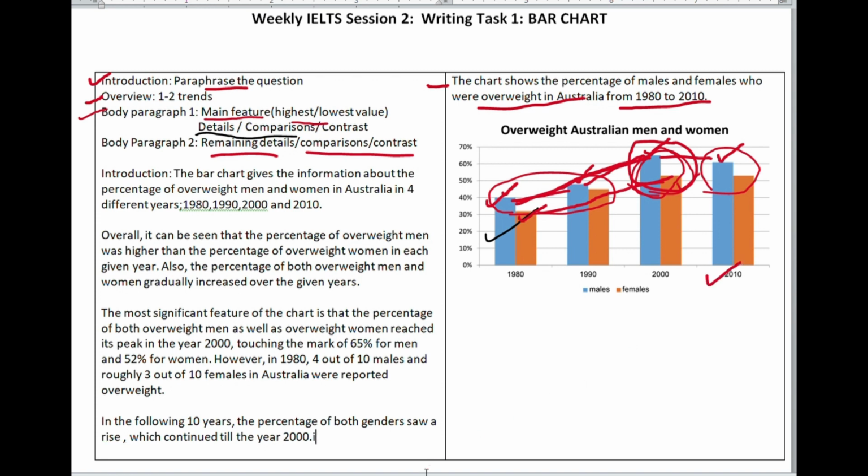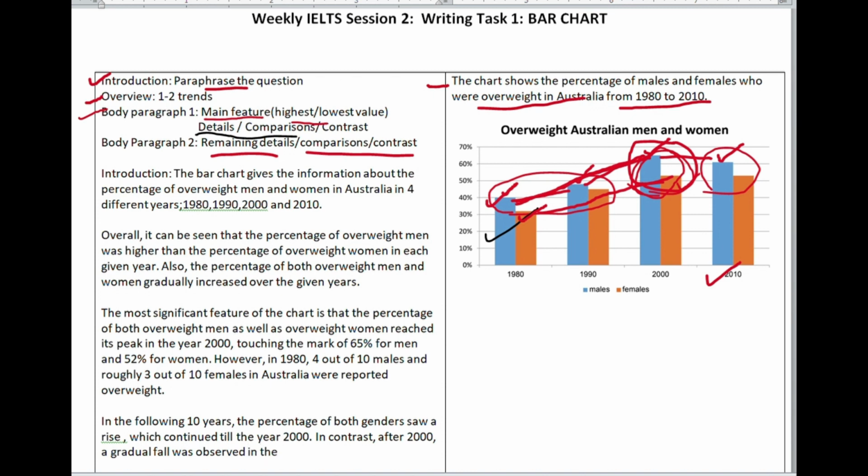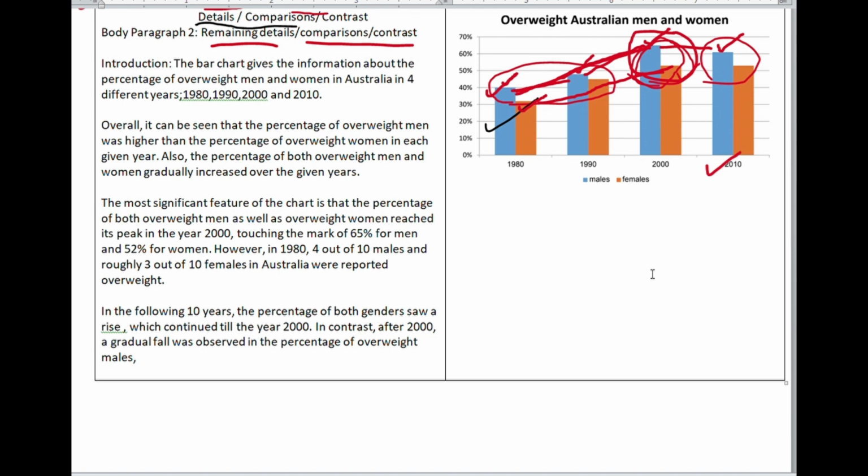In contrast, after 2000, a gradual fall was observed in the percentage of overweight males, because after 2000, in the year 2010, the value for males is decreasing.